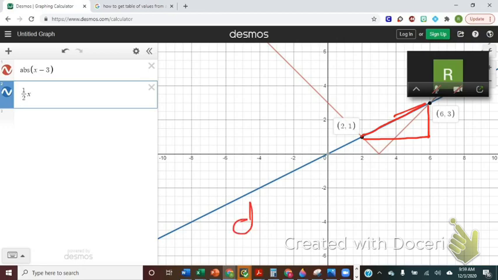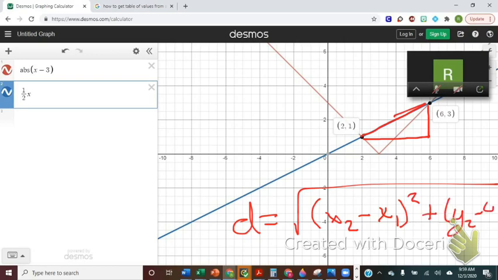The distance formula is the square root of (x2 minus x1) squared plus (y2 minus y1) squared. Or you can just say, okay, we went from 2 to 6, so that is 4 right here. And we went from 1 to 3, which is 2 right here, and then you use the Pythagorean theorem and find this. Let's call it C. I don't care how you do it, but they're both pretty much the same thing.